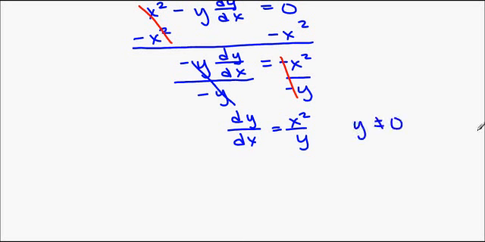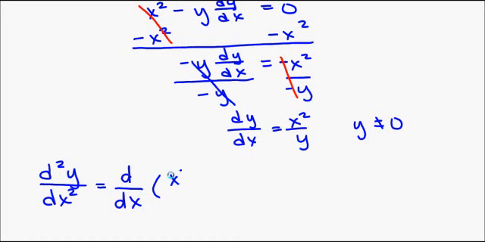But we don't want the first derivative, we want the second derivative. So d squared y over dx squared equals d dx of x squared over y. Okay, so now we have some division.